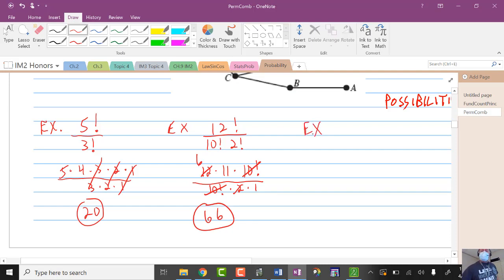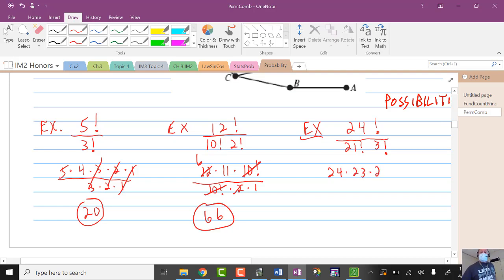Let's get nuts. Let's say I had 24 factorial over 21 factorial times 3 factorial. And again, you'll find out tomorrow that this is what a combination formula would end up being. Permutation is a little different. So same old, 24 factorial is 24 times 23.